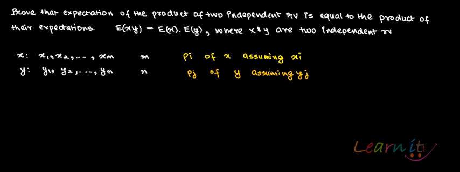Then the probability that x assumes the value xi and y assumes the value yj is given by pi pj.